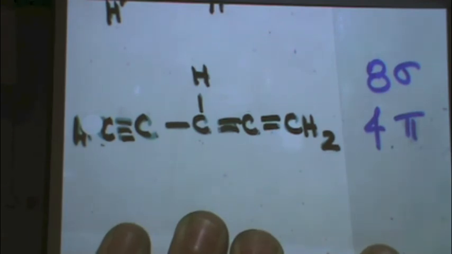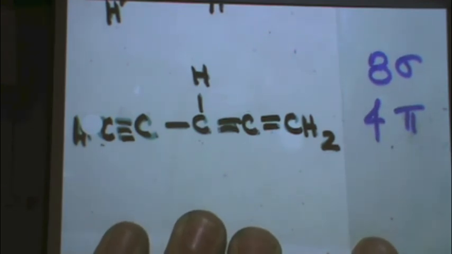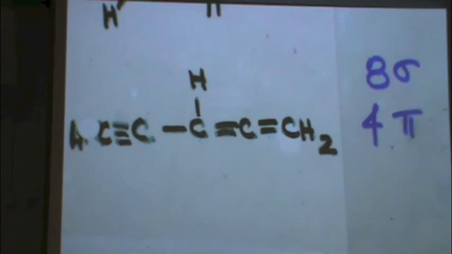Any questions on these? This is a very normal type question for a final. Any questions on that? Yes. The person up here is asking, how do I count sigma bonds? Each bond counts as 1.